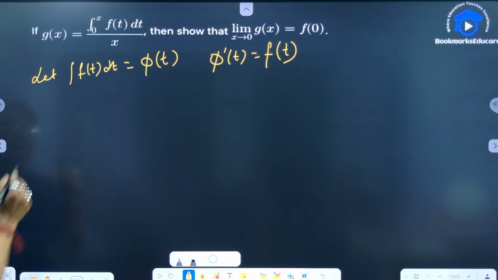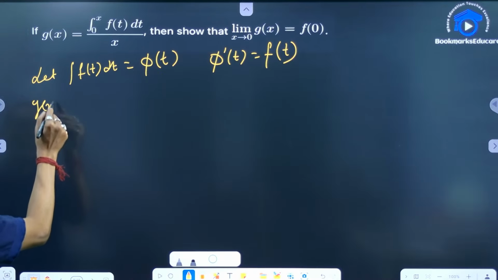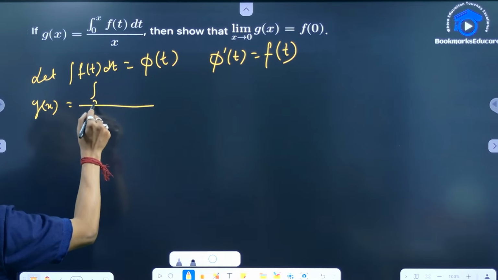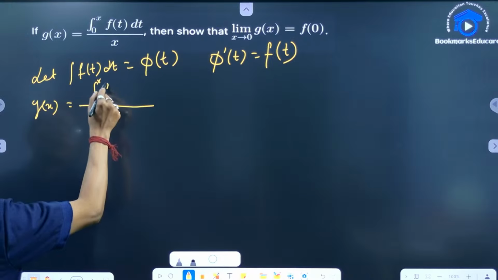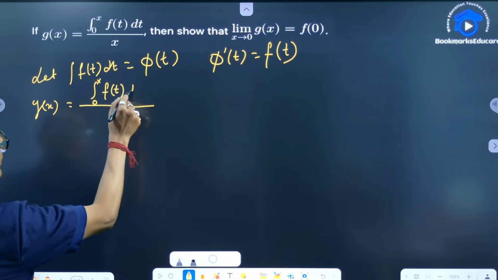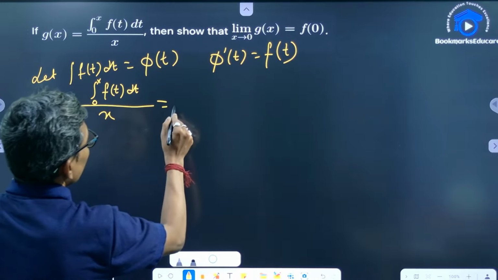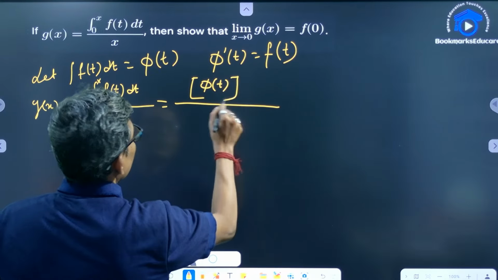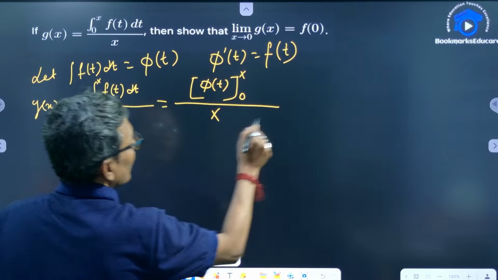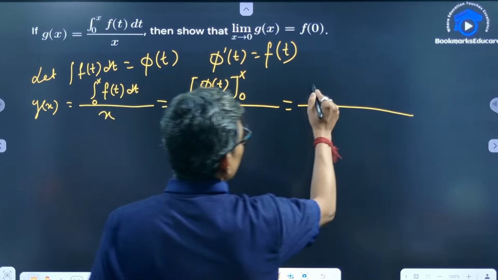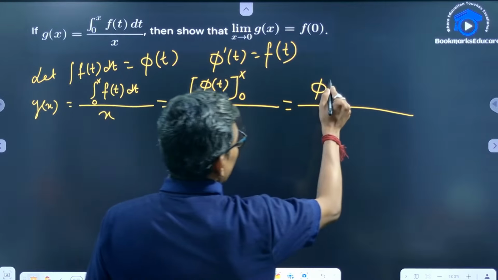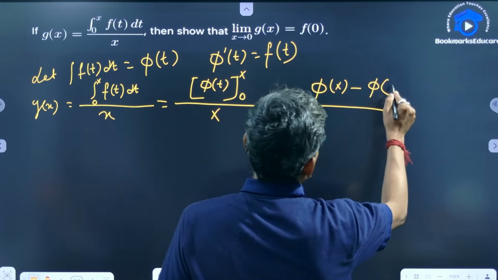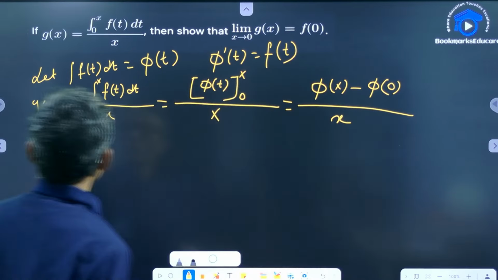So now g of x is equal to integral with limit 0 to x f of t dt by x. So phi of t, putting upper limit instead of t, x, minus putting lower limit 0 instead of t.